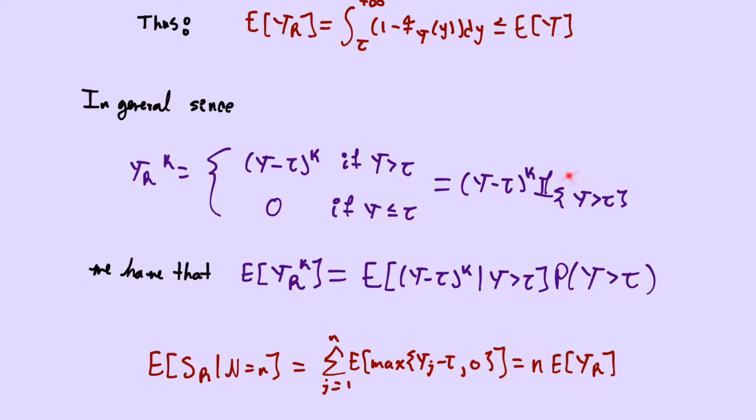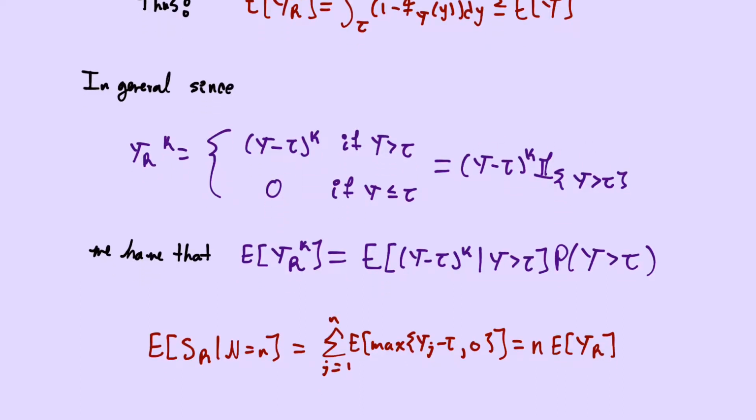This indicator function is also a random variable. And the indicator function is 0 when this event is not happening, when the other event happens, and in that case this random variable will get the value of 0.